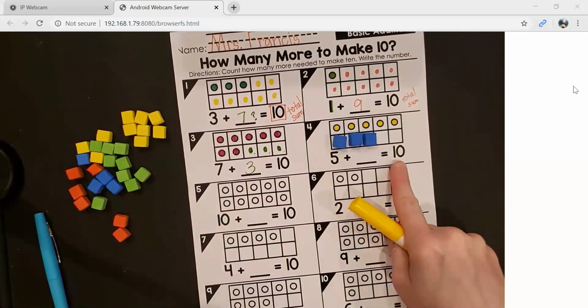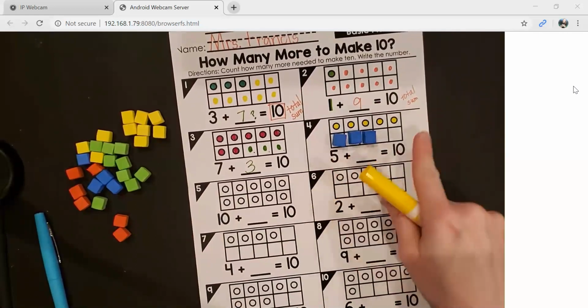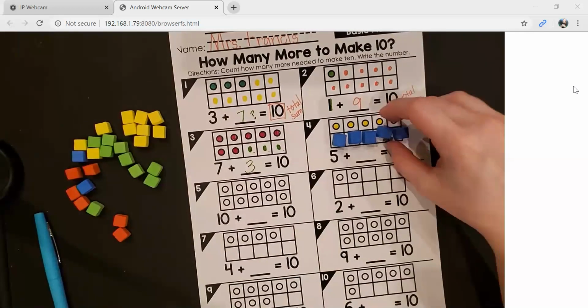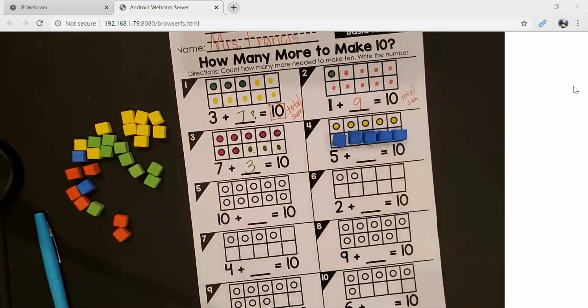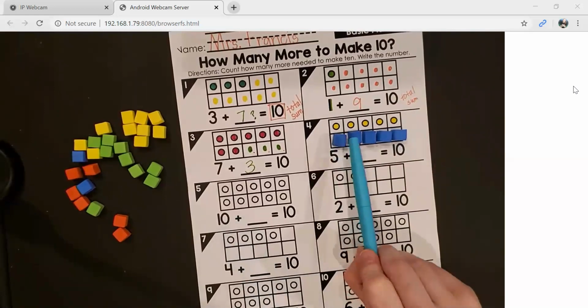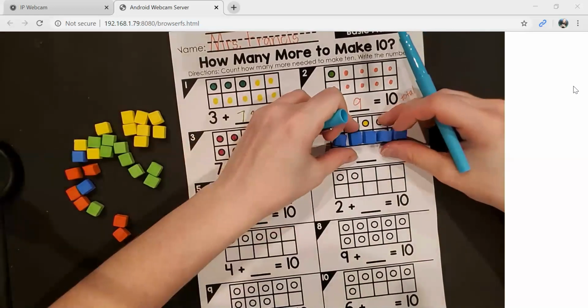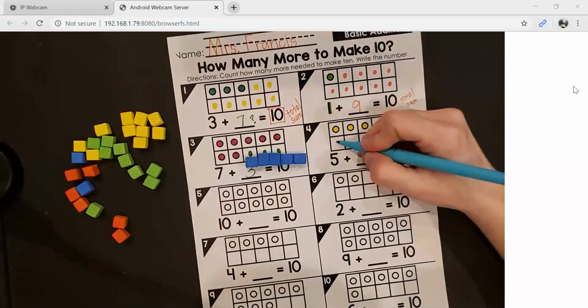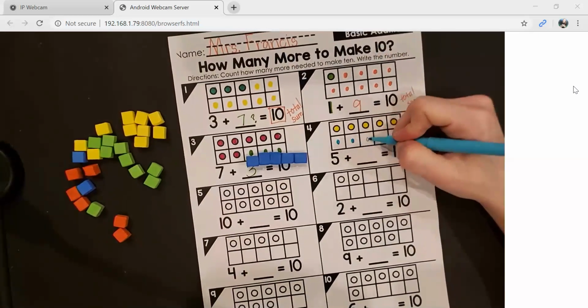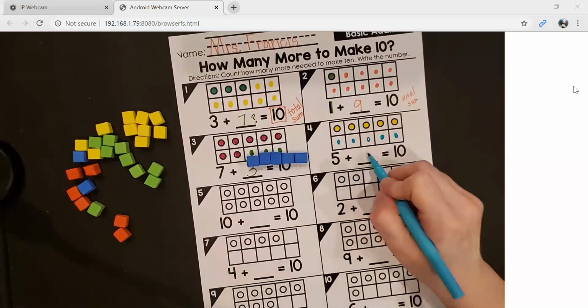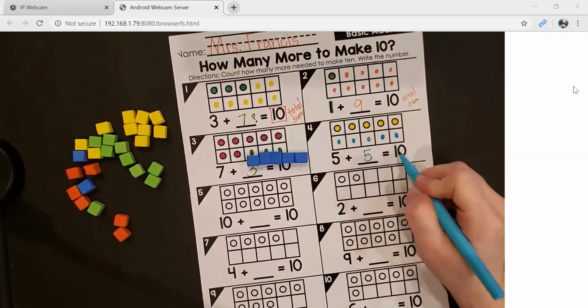My sum needs to be a 10 frame all filled up. That's not enough. I'm going to need to keep going. So Avery has 5 yellow candies and Addie Bell has 1, 2, 3, 4, 5 blue raspberry candies. 5 plus 5 equals 10.